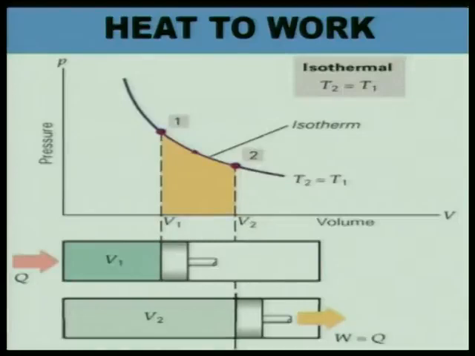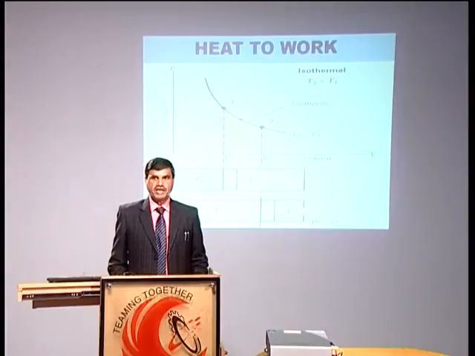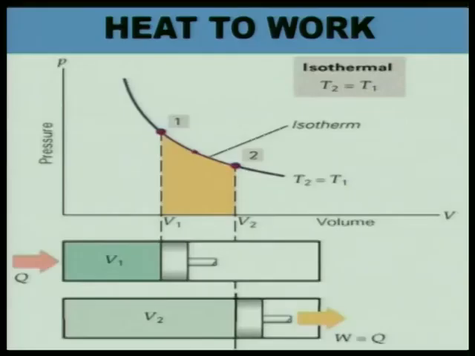So on one side we are adding heat, which tries to increase the temperature of air, but at the same time, due to the movement of the piston, expansion is taking place and the temperature will be decreasing. The net effect may be a constant temperature heat addition, and this process I am showing from 1 to 2. The x axis is showing pressure, the y axis is showing volume.